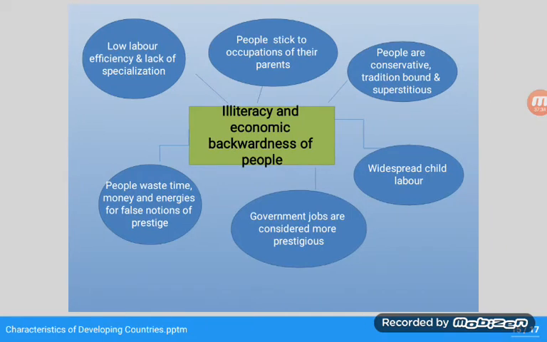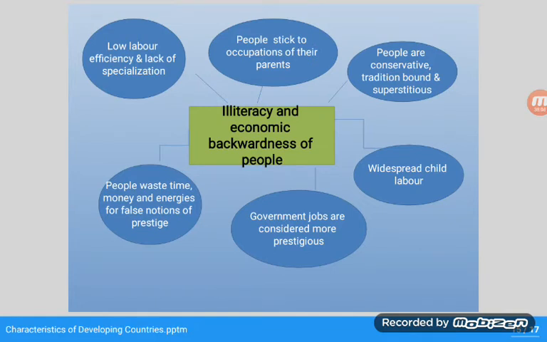Okay, people do not like women to come forward, or the situation in Pakistan is changing, alhamdulillah, but still there is a large number of people who need to change their thinking as far as working of women is concerned. But people are generally conservative, they follow their traditions, and they are superstitious when it comes to working in different fields.